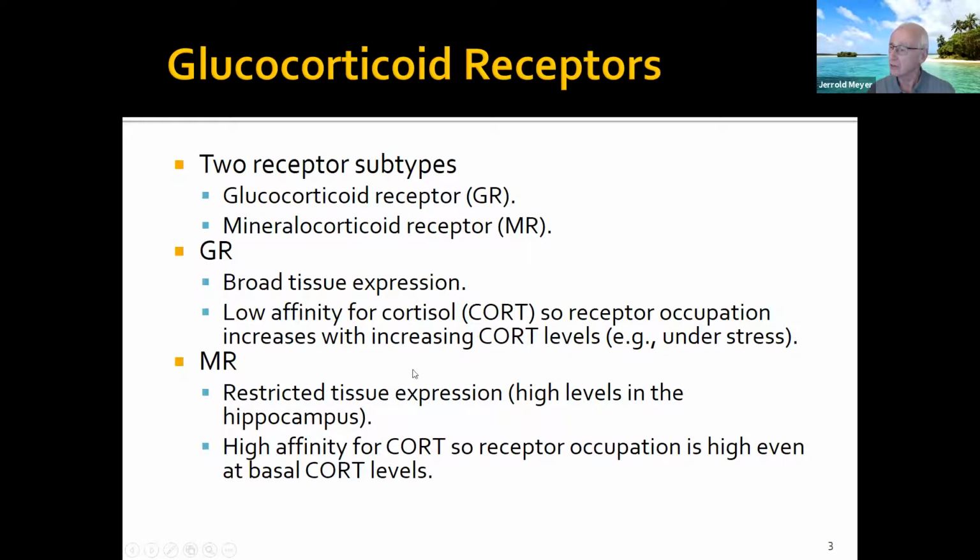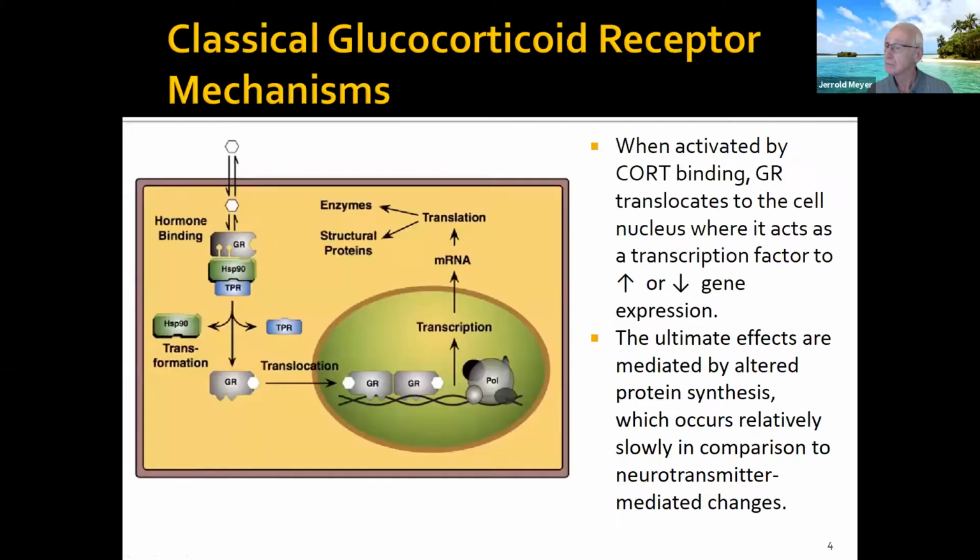And this receptor, in contrast to GR, has a high affinity for cortisol, so receptor occupancy is high even at basal levels. So this receptor is not terribly stress sensitive. GR is much more important in that regard. So we're going to focus our attention on GR.